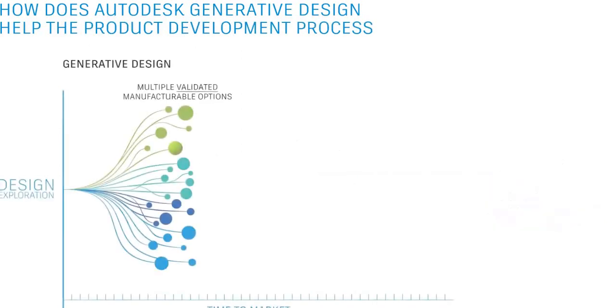So where we really see generative fitting is at phase 1 within your product cycle. So rather than taking a small handful of concepts, the idea is you lead with your requirements for a project and you generate hundreds or thousands of validated manufacturable options as step 1 within your process.